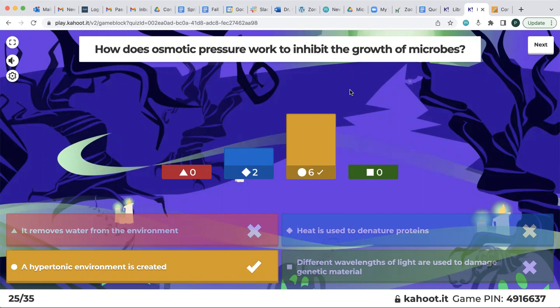Hypertonic, remember, the cell shrivels up, looks kind of like an R. It's how I remember them. Hypotonic, it swells up with water, so it becomes an O. Hypertonic, it shrivels up, so it looks like an R. It makes a hypertonic environment so that all the water flows out of the cell and it dies.